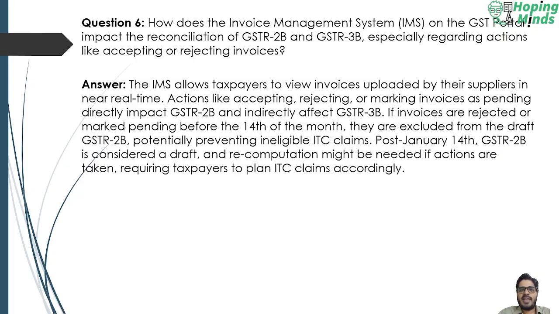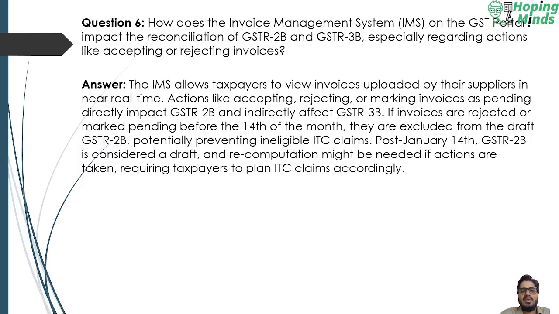So for the recipient's action, if accepted, the invoice is deemed correct and associated ITC is eligible for claiming. If he rejects, the invoice contains errors or inaccuracies and the recipient disputes it. Rejected invoices are not considered for ITC claims and the supplier is notified to make corrections in GSTR 1 return.